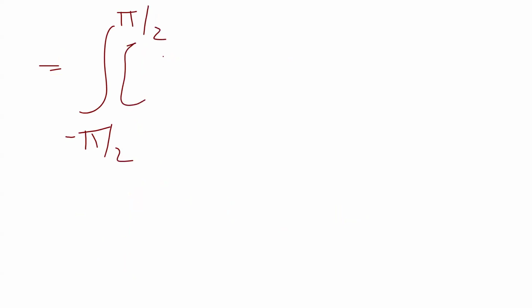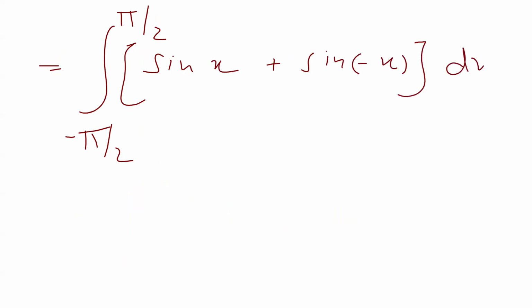Okay, so minus pi by 2 to pi by 2 sine of positive x, sine of negative x dx, minus pi by 2 to pi by 2 sine x. Okay, now see, I'll just stop over here.